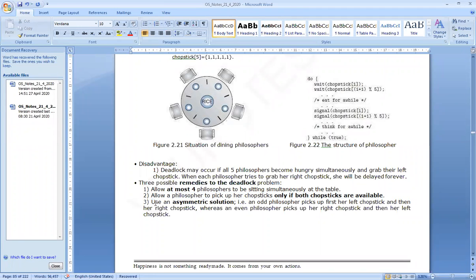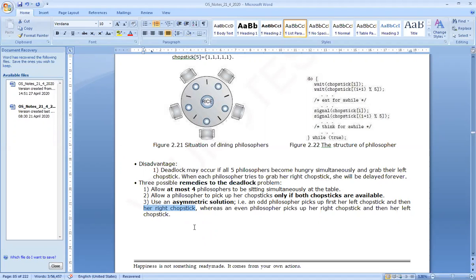And the last one is to use an asymmetric solution, where an odd philosopher picks the left chopstick first and then the right chopstick. Odd philosopher means he may be one, he may be three, he may be five.